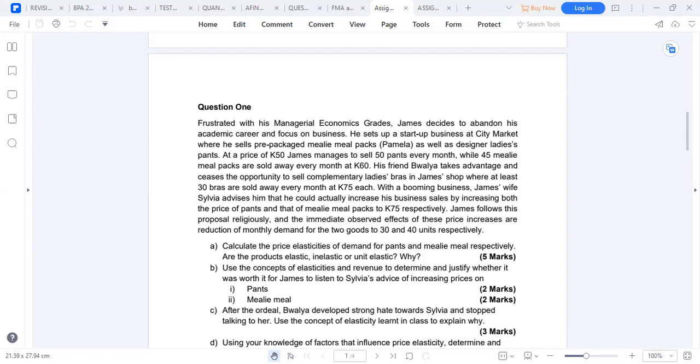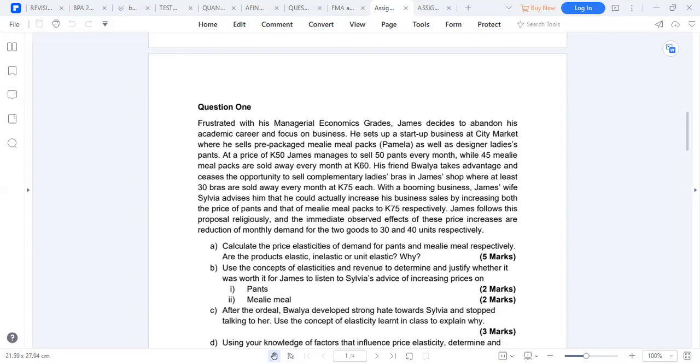So elasticity of demand has a number of factors. These factors emanate from the factors that affect demand. So we're going to look at the factors that affect demand and also the types of elasticity.